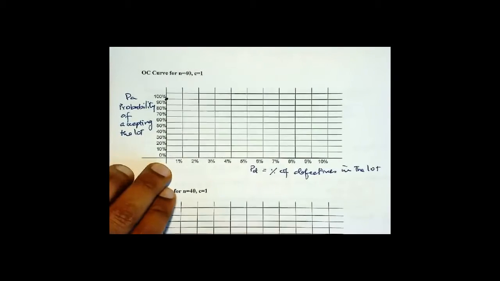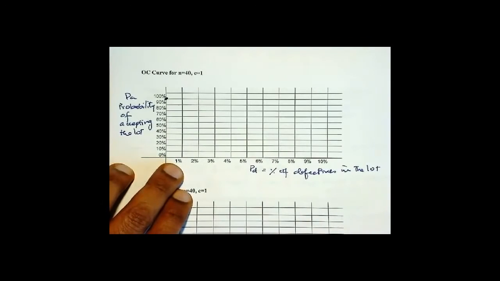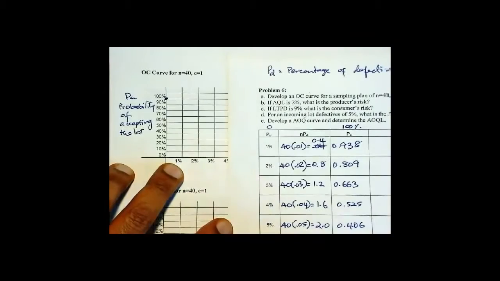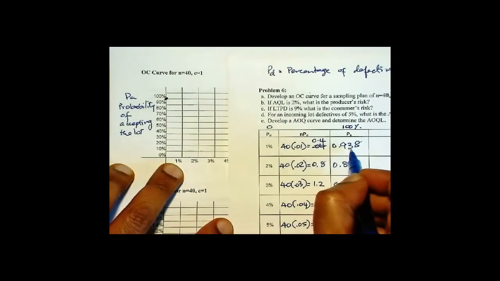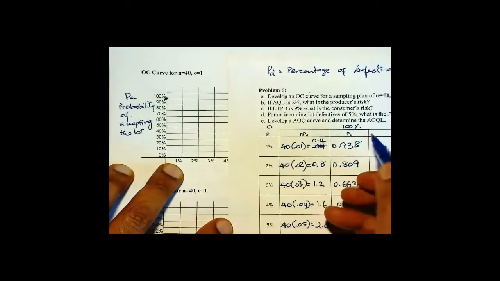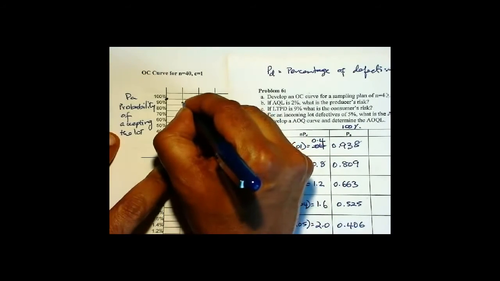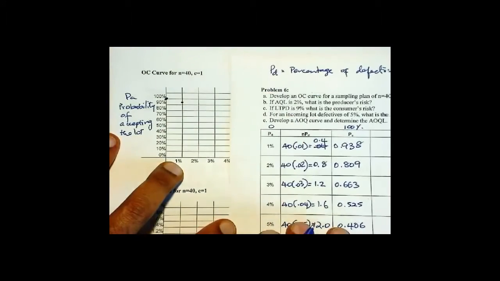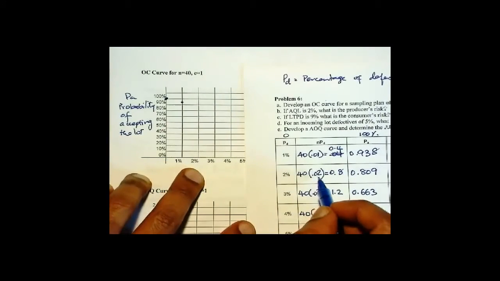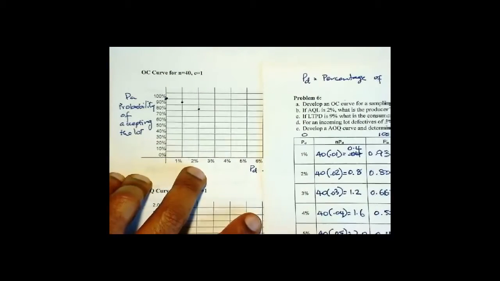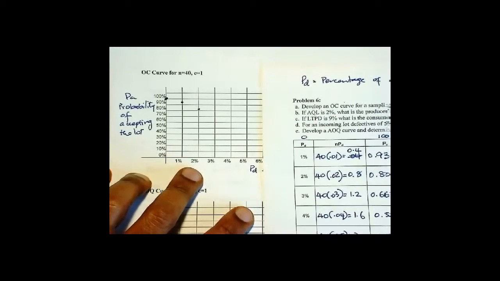When we have 1%, okay, 0.938 is the probability of accepting the lot. So 0.938 is about over there. Then for 2%, it is 0.809. 3% is 0.663.